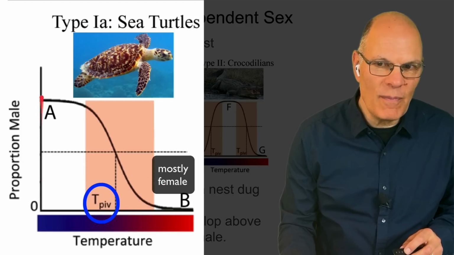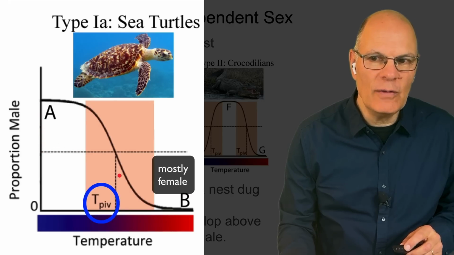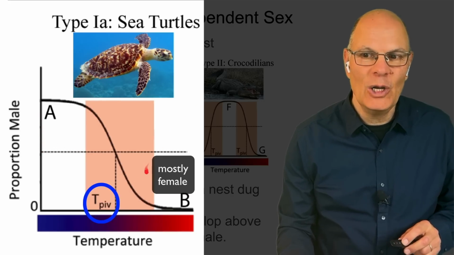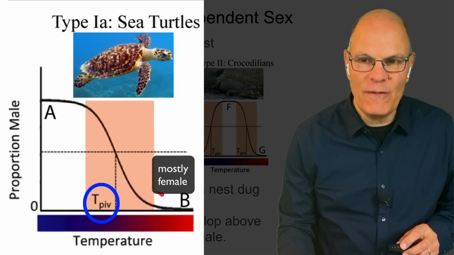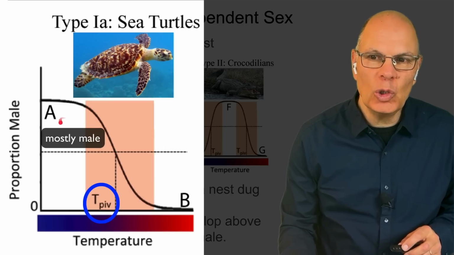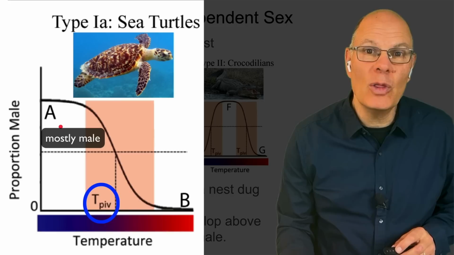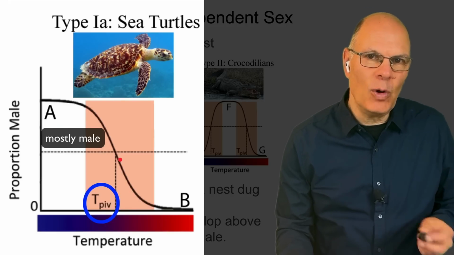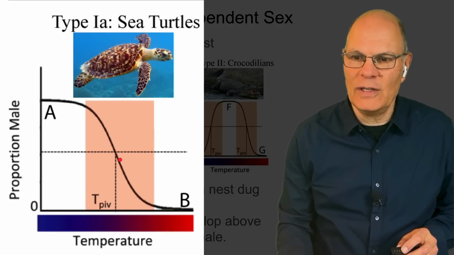Here's the proportion of males over here. So if you're above the pivot point, if you're in the warmer area, you'll develop into a female. If you're in the cooler area over here, below the pivot point, you'll develop into a male. And then at the pivot point, it's pretty much random, 50-50.